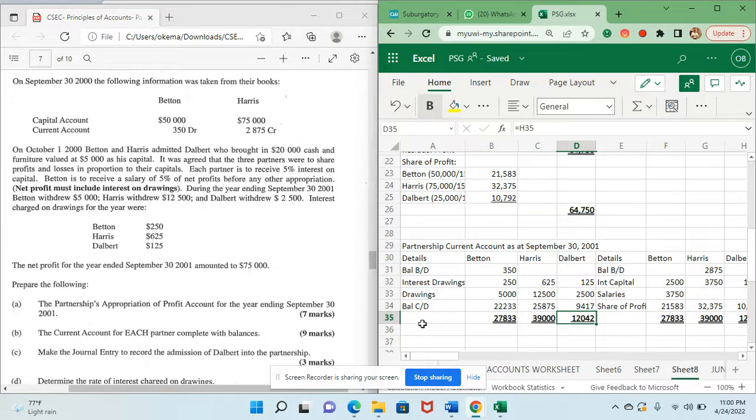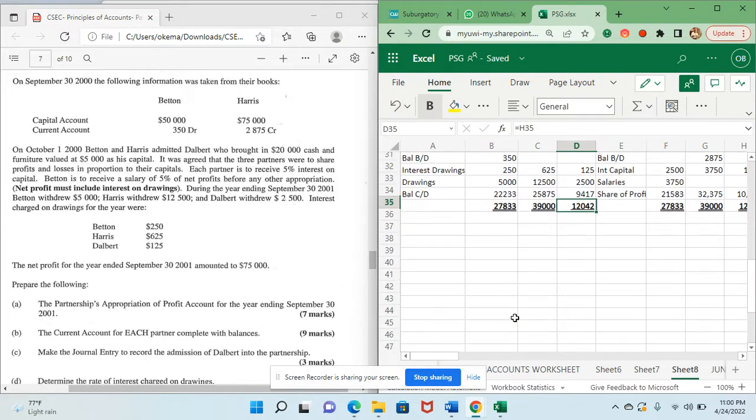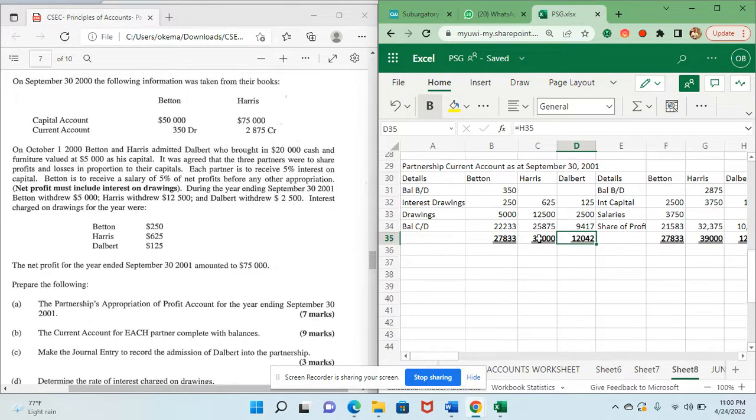Okay. So our balance carried down is 22,233, 25,875, and 9,417.